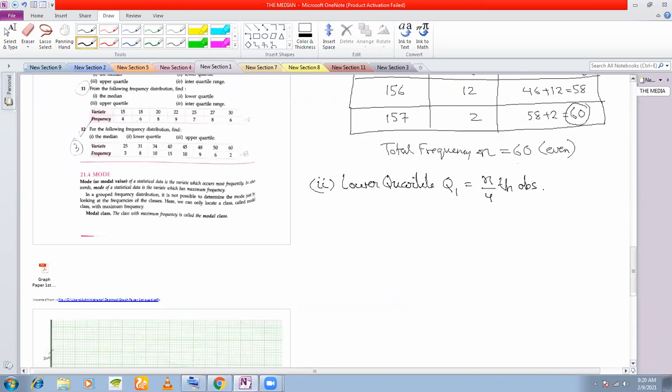N here is 60, so 60 by 4th observation, which is your 15th observation.